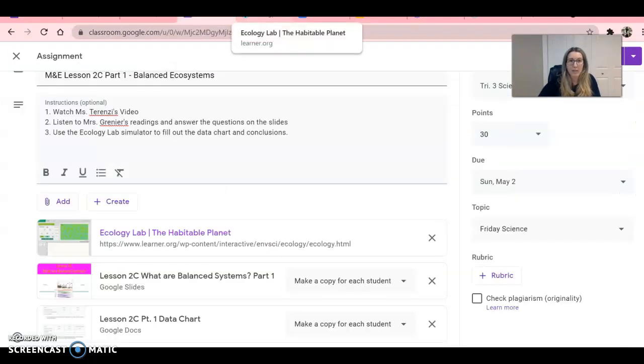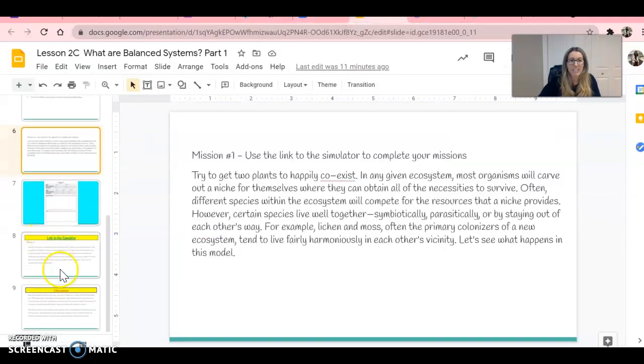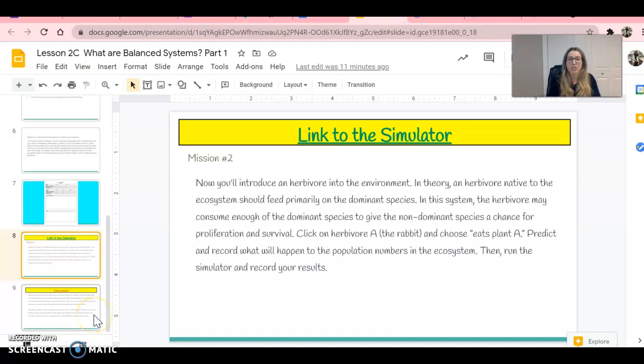Then your second mission, which you will see in your slides, is going to be to introduce an herbivore into the environment. So we're adding in a primary consumer. In theory, an herbivore native to the ecosystem should feed primarily on the dominant species. So if we have an herbivore that naturally lives in an ecosystem, they are going to feed on that dominant species or that dominant plant.